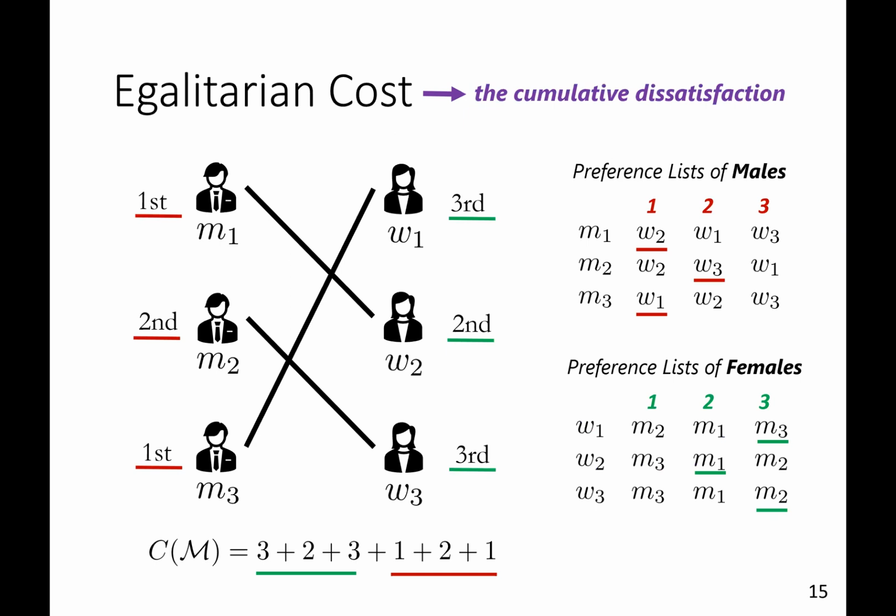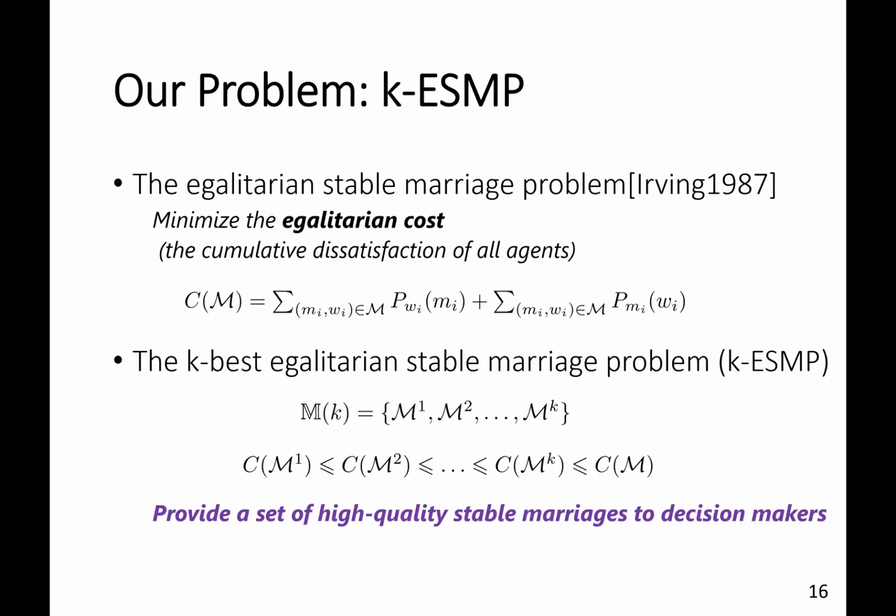For example, in this matching, females get the third, second, third choice, and males get the first, second, first choice. We have to minimize the accumulated dissatisfaction of all agents to ensure fairness on two sides and get a stable marriage with quality. To help the assignment process for decision makers, we aim to provide a set of high-quality stable marriages.